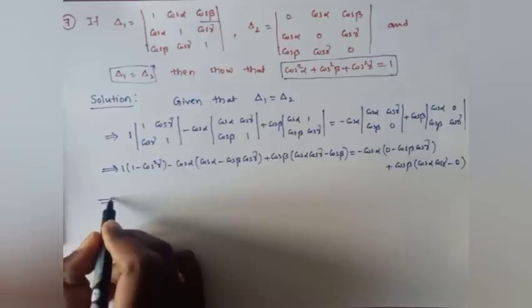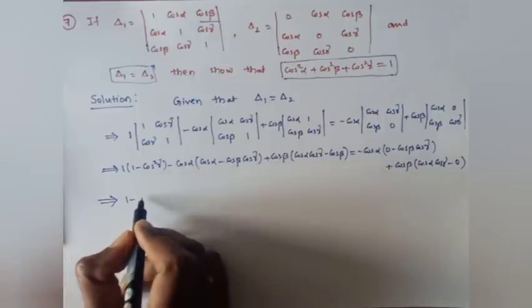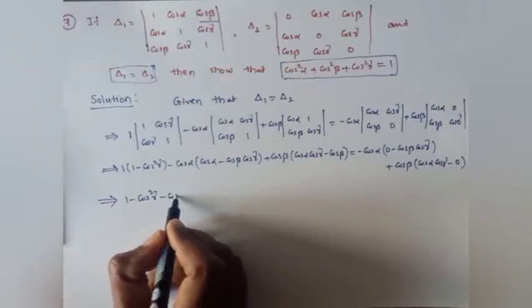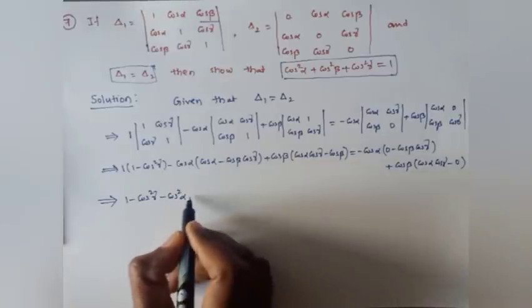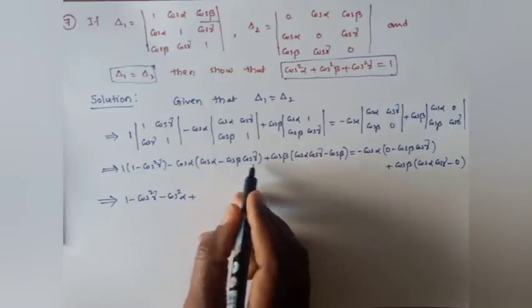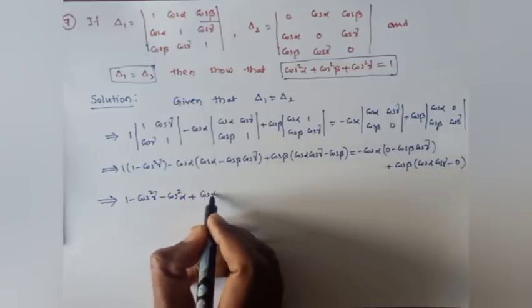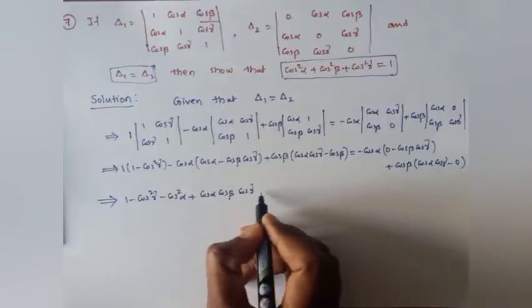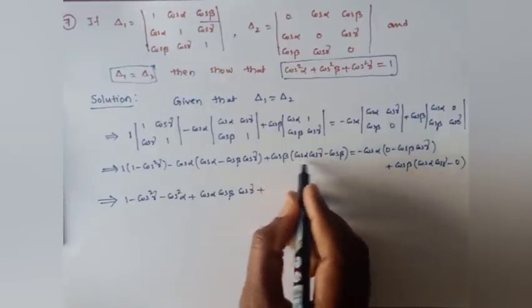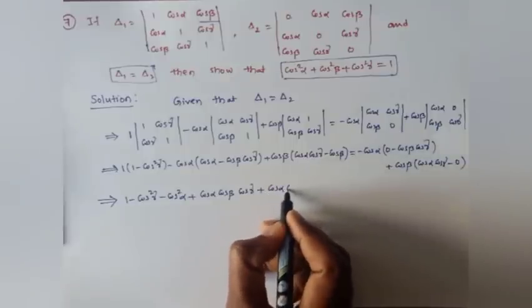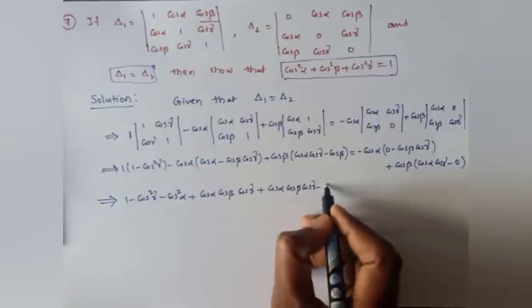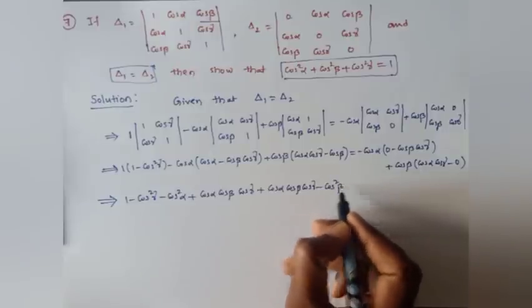Then this implies, so this is 1 minus cos square gamma minus cos square alpha plus cos alpha into cos beta into cos gamma, that is cos alpha cos beta cos gamma, plus cos beta into this one. So again it is cos alpha cos beta cos gamma minus cos square beta.